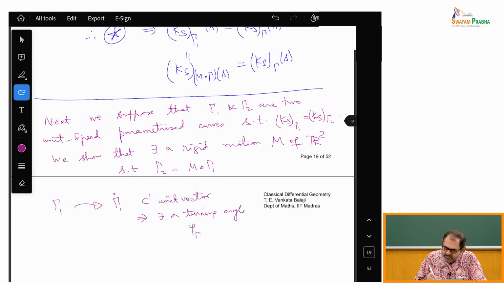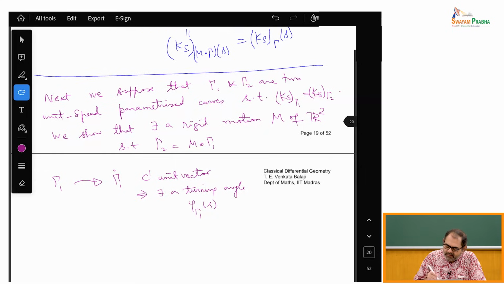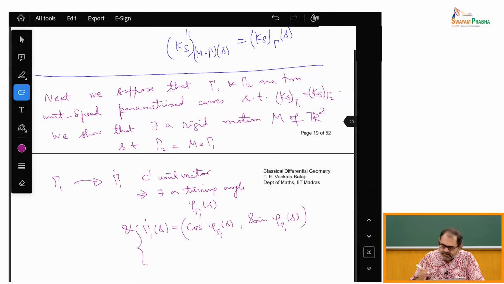Let me call it phi sub gamma 1 of s, and you will have gamma 1 dot of s to be cosine and sine of this turning angle. You will also have that the rate of change of the turning angle is the sine curvature. So d phi gamma 1 of s by ds is equal to k sine gamma 1 of s.